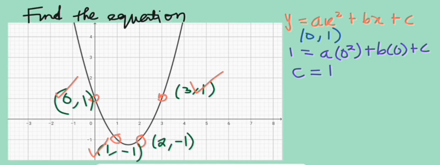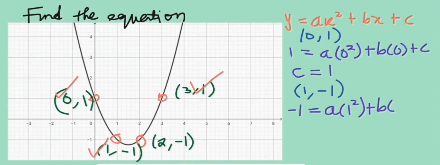The next point we'll be considering is 1 for x and negative 1 for y. Plugging this in, we have negative 1 equal to a times 1 squared plus b times 1 plus c, and c is 1 already gotten.